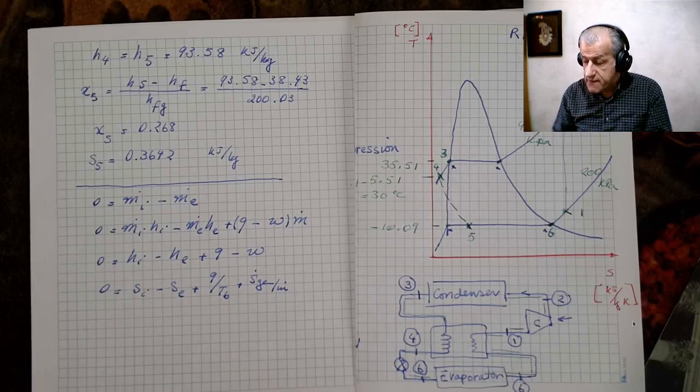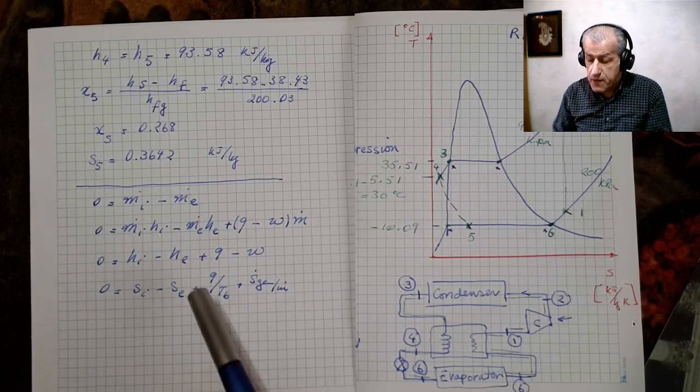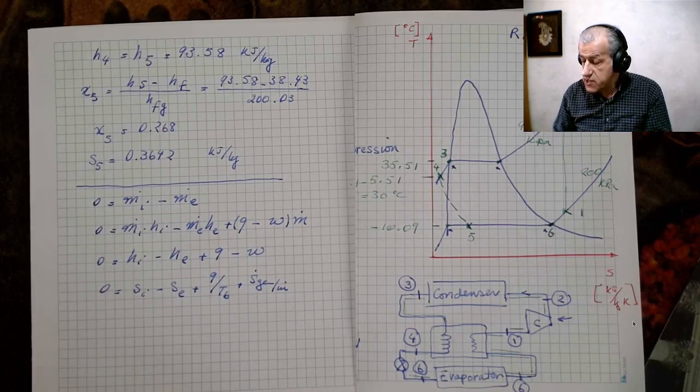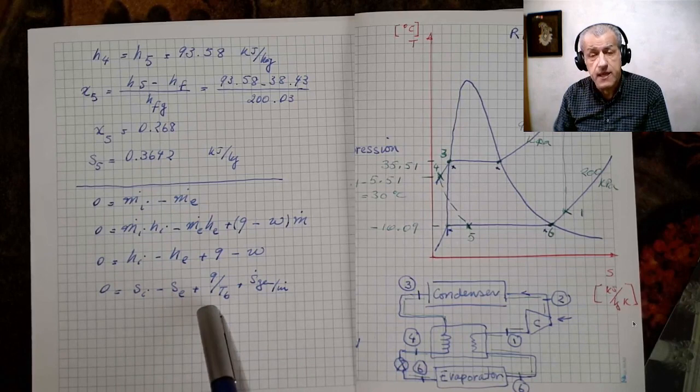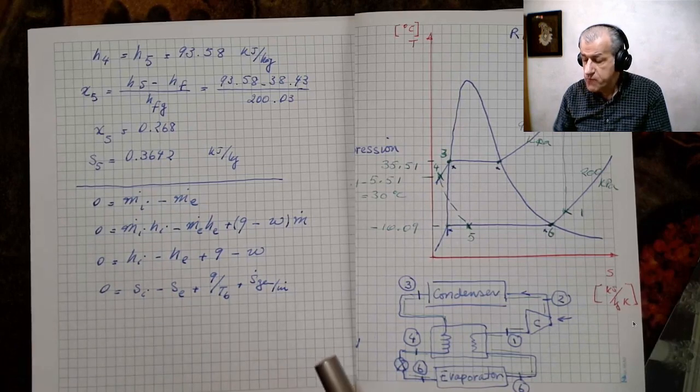The condenser and evaporator have heat transfer, so there is heat transfer for both of them, and there is change of entropy for both of them. The throttling valve, of course, is irreversible, so entropy generation would be present for it. It's adiabatic, so the heat transfer term vanishes.